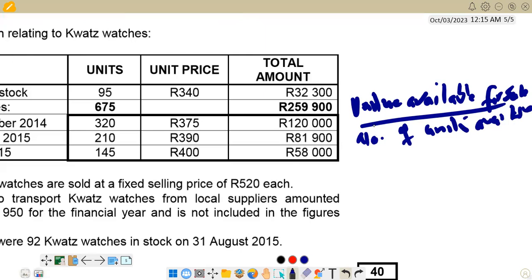So when we do that, we get the cost per unit, the average cost per unit. So that average cost per unit is the one that we are going to multiply by the units that we have in closing stock, to get the value of the closing stock.